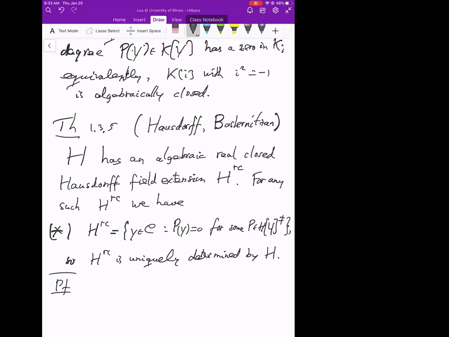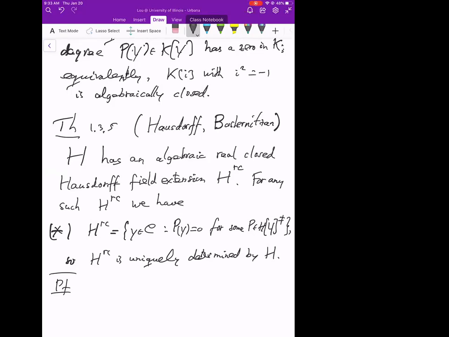Or you can use Zorn. You go to a maximal algebraic Hausdorff field extension, and that will automatically have the property that it's real closed, because if it weren't, you would be able to join a square root, and then it wouldn't have been maximal, or you would have been able to join a root of an odd degree polynomial, but you can always assume irreducible.